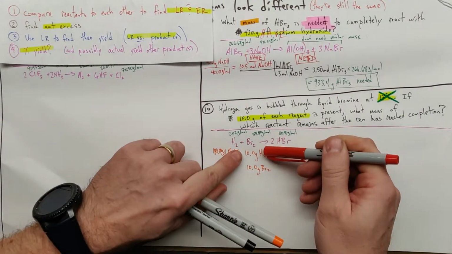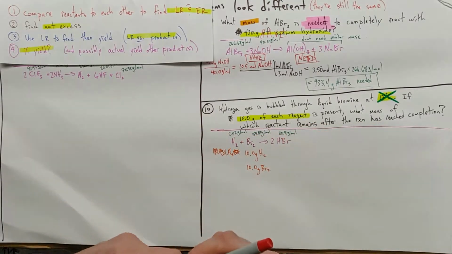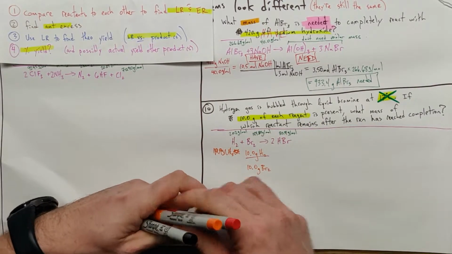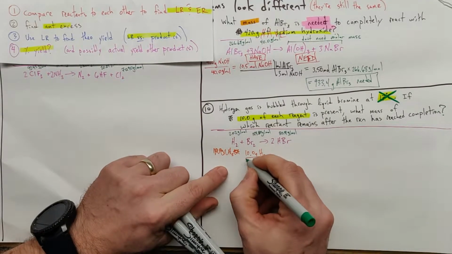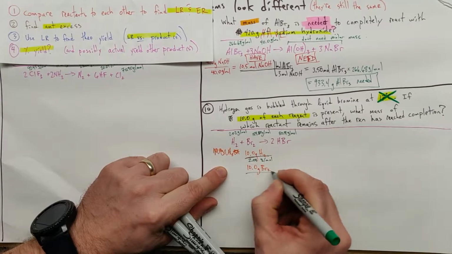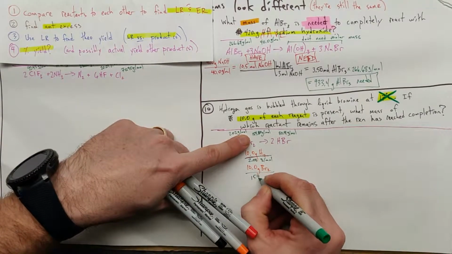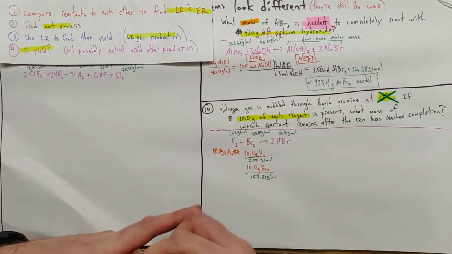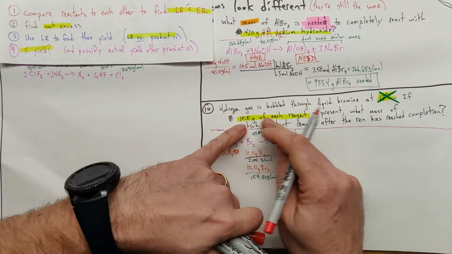We can't work in grams because the balanced chemical equation gives us a mole ratio, so I'm going to divide by the molar masses. In fact, let me do that in green. I'm going to divide by the molar masses, 2.02 grams per mole and 159.80 grams per mole. And that's going to get us what we have, right? And they told us we have that.